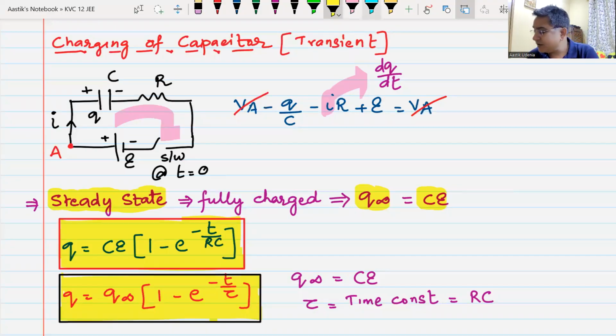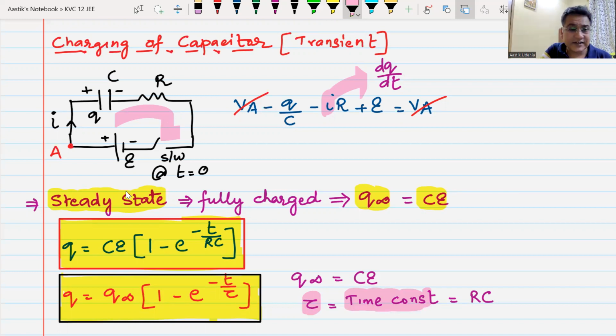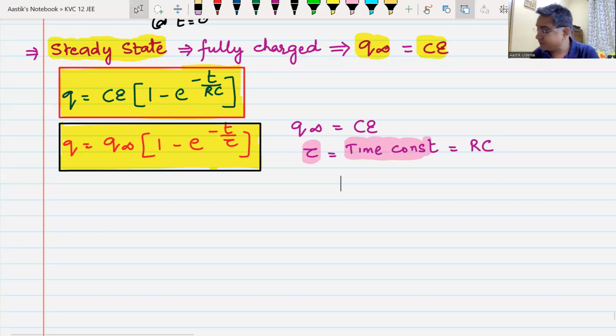Now, whenever we hear the term tau or time constant, you must understand what it refers to. How do I understand this time constant?